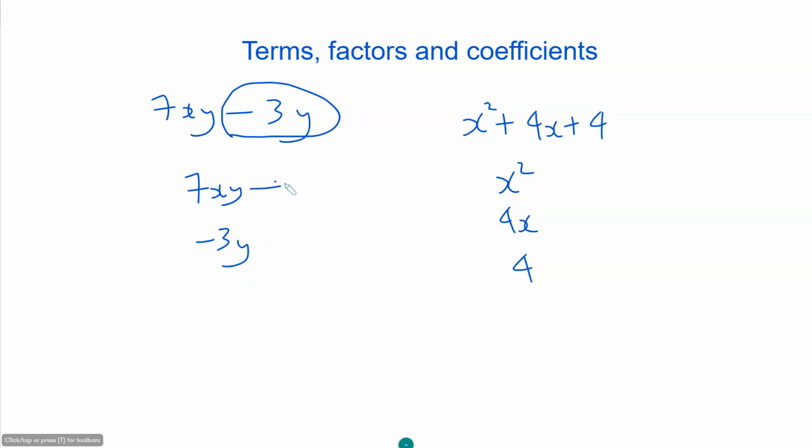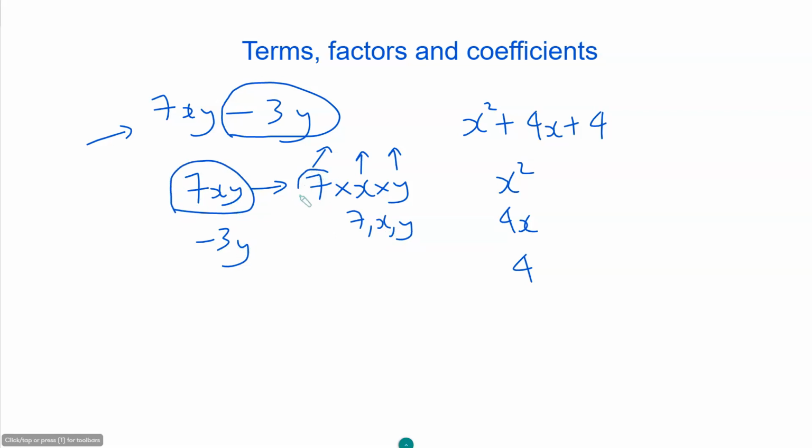Okay. So that's the meaning of terms of an expression. Now you know that 7xy is the first term of this expression, right? Now 7xy is formed by multiplying 7 and x and y. These individual components are called factors of this term. So 7, x and y are the factors of this first term 7xy.